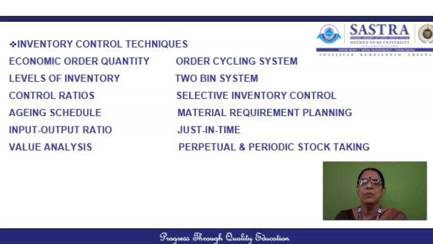Now we shall see what all the basic costs associated with the inventory decisions. There are four main costs: material cost, ordering cost, carrying cost and the stock out cost. First one is the inventory cost or the material cost. It is the cost of the material itself.